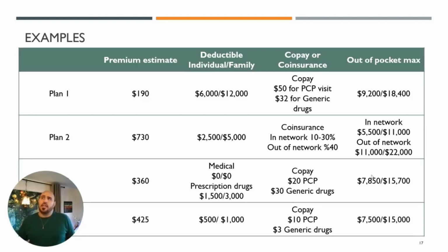And you start asking, how many times am I going to need to go to the doctor, or is there a prescription that I take? That's where you can start calculating to figure out how much out of pocket you're going to max or use throughout the year, and which of those would be more beneficial for you.